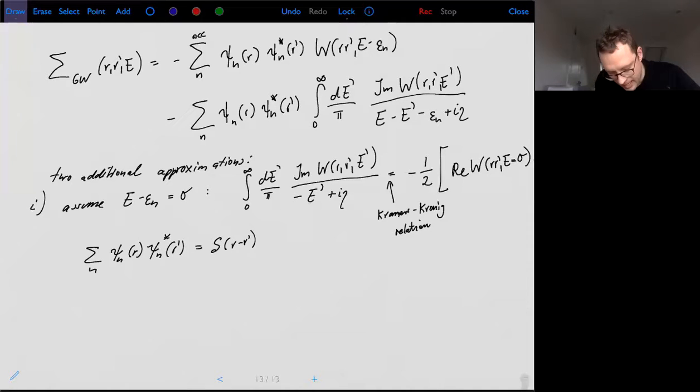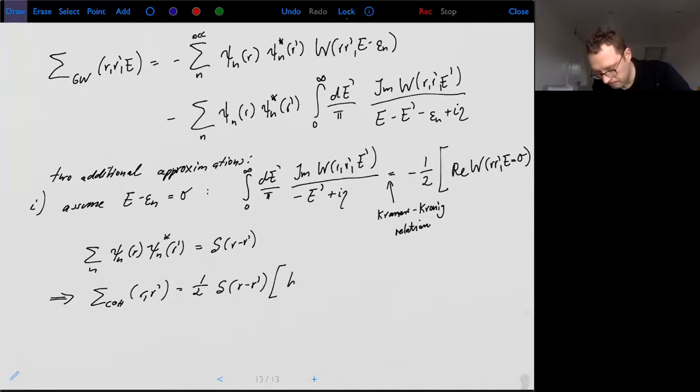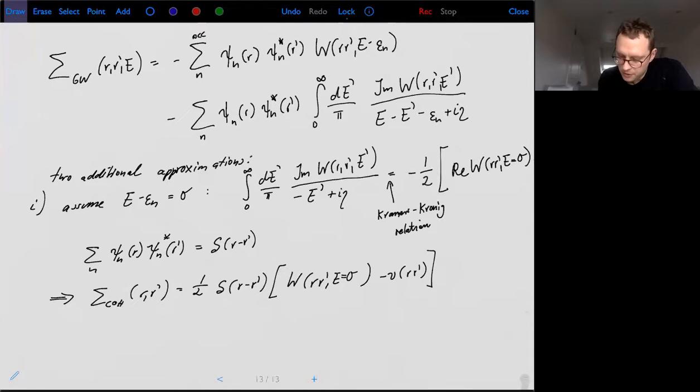And then basically the second part becomes the Coulomb hole self-energy that I've shown you last week. Right, so that's one type of approximation.